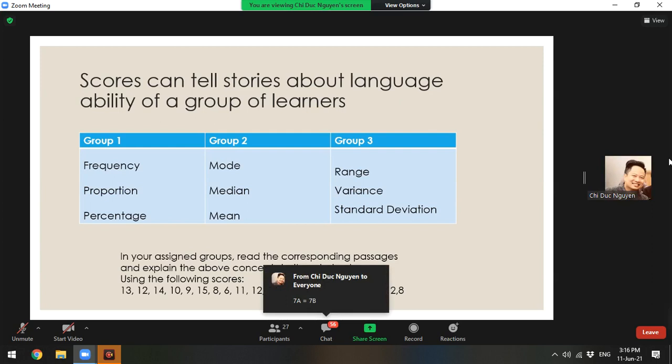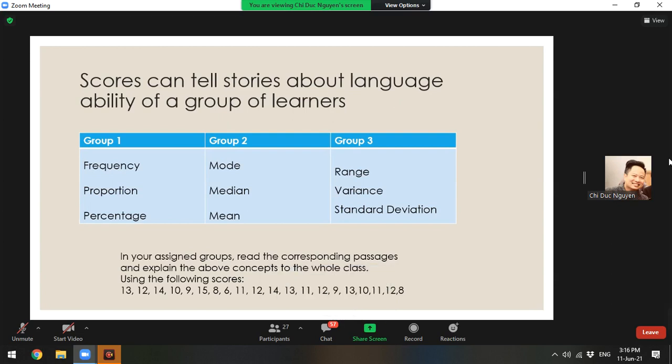Okay, so the situation now is quite clear. If we take the standard deviation into account, Mike, you are right. The standard deviation of the score for 7A is far higher than 7B. So it shows that some students score very high and many other students score low.